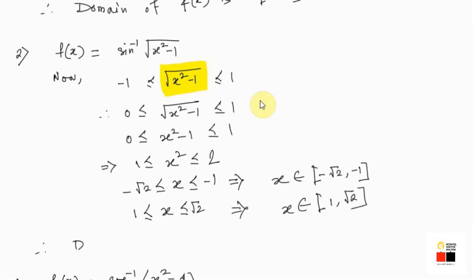Therefore the domain of f(x) is minus root 2 comma minus 1 union 1 comma root 2.